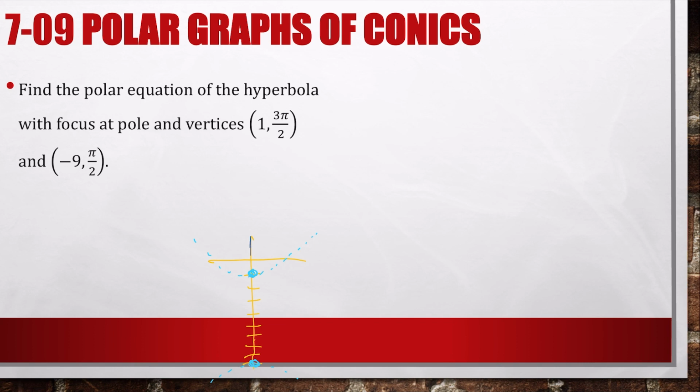The center is halfway between those 2 points, so there's the center. Now that helps us. The center to a vertex is A, so that is 4.